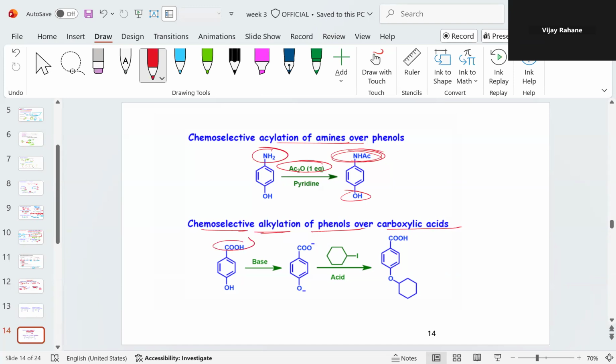Let's say we have the carboxylic acid and the phenol, and in presence of base, it will form the carbonate anion. Then this O will also carry a negative charge, because this proton is also an acidic proton. Then this O negative can attack the alkyl iodide, so the alkylation occurs selectively on the phenol center.